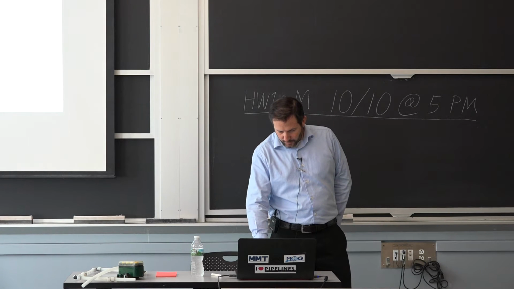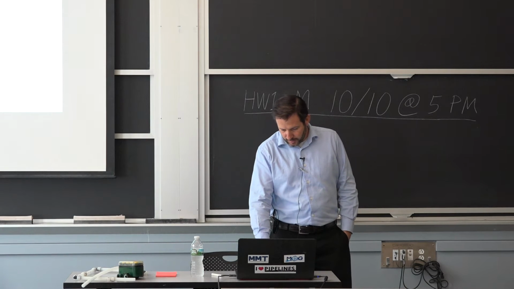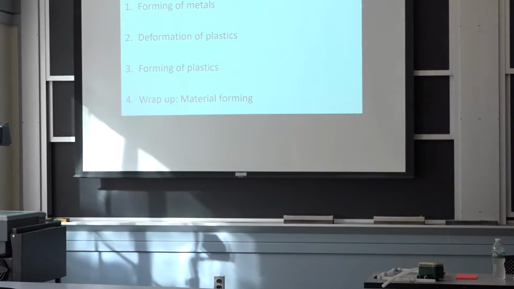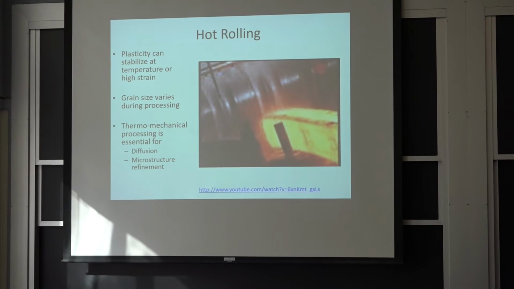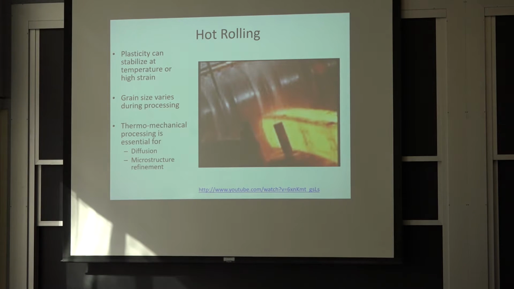Again, just forming, we're going to go over both for metals and plastics. And if you remember from last time, it was all the hot steel and the fact that you have a cast structure that you're trying to get rid of. You start with something very big, you make it much smaller, it allows you to refine the grain. There's a lot going on when you do the hot forming, because at high temperature you have diffusion, you recrystallize grains.